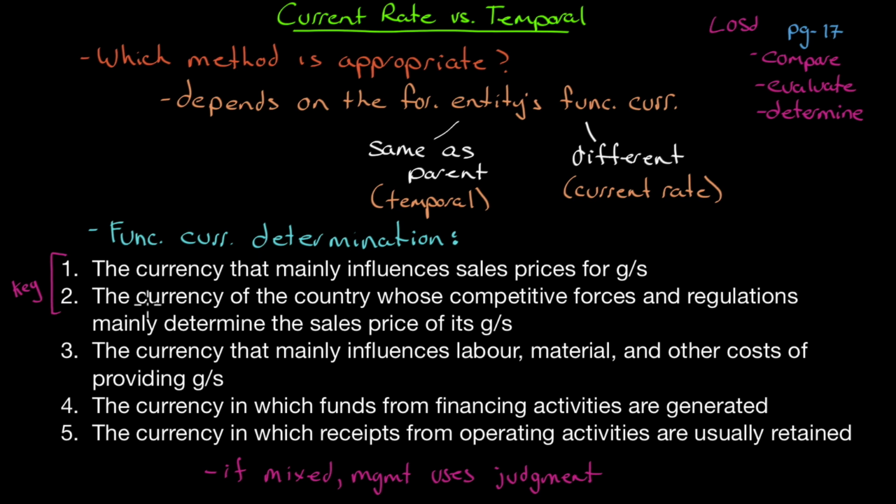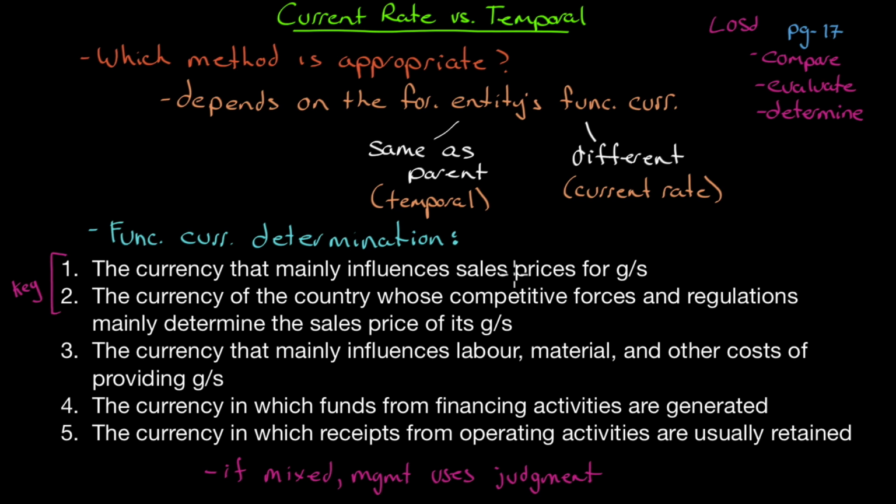1 and 2 are the really big ones. So let's see. The currency that mainly influences sales prices for goods and services. So let's take the Toronto Maple Leafs. Do you think that the American dollar is the biggest influence on what the Maple Leafs charge at the door to get in, or do you think the Canadian dollar is the bigger determinant?